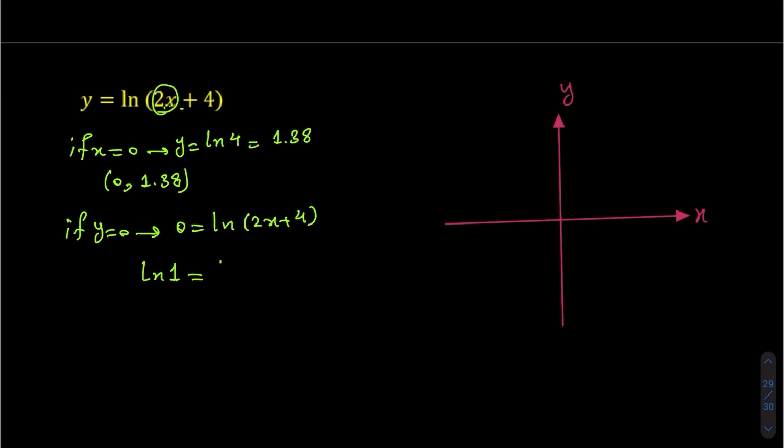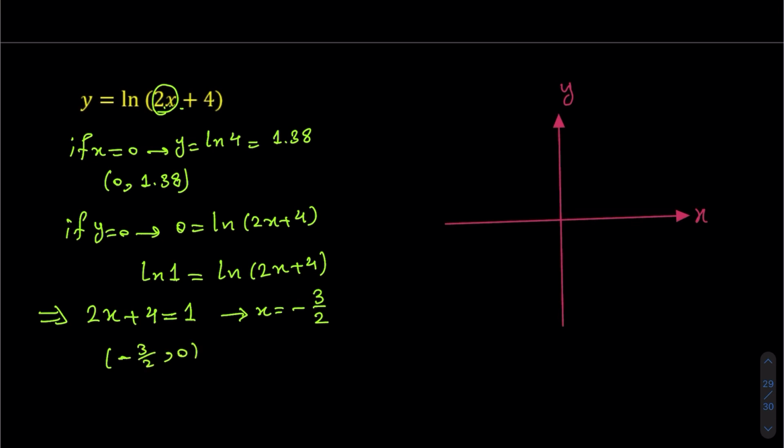And it will be equal to ln of 2x plus 4. Therefore, from here I can conclude that 2x plus 4 must be equal to 1, right? And from here we can find the value of x. X will be equal to negative 3 over 2. Okay, so this is another point, negative 3 over 2 and 0, right?